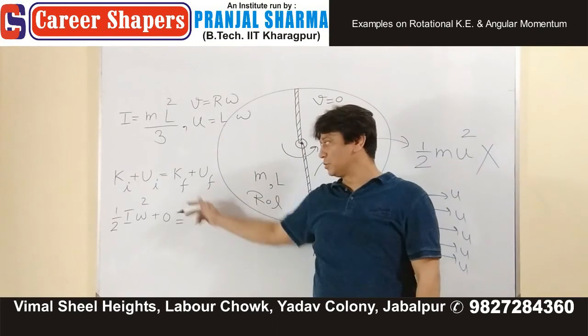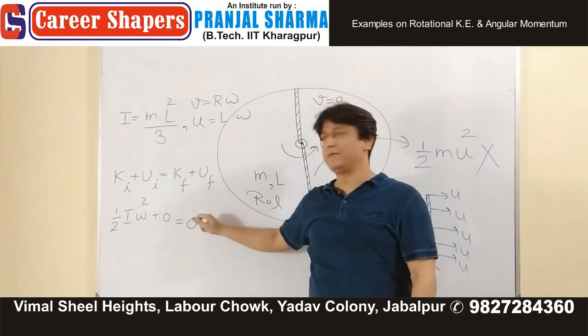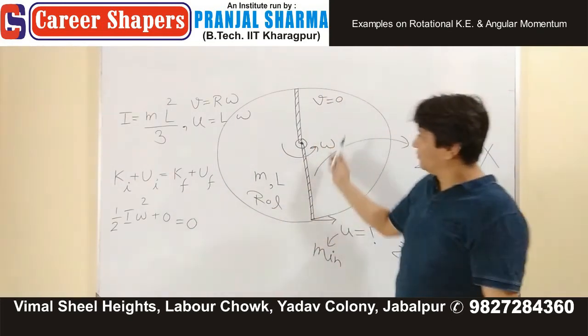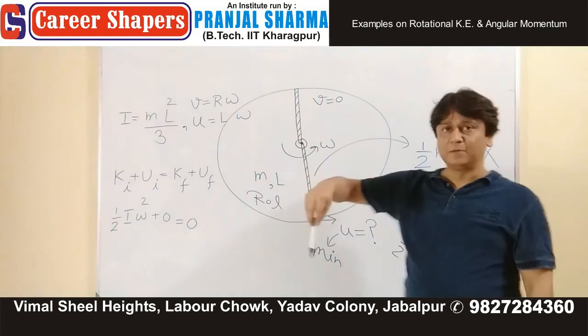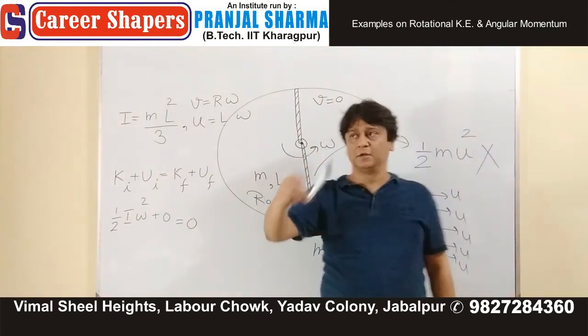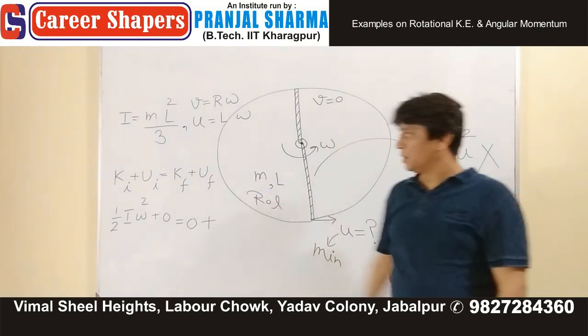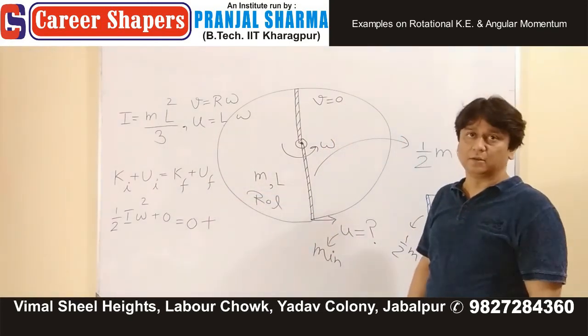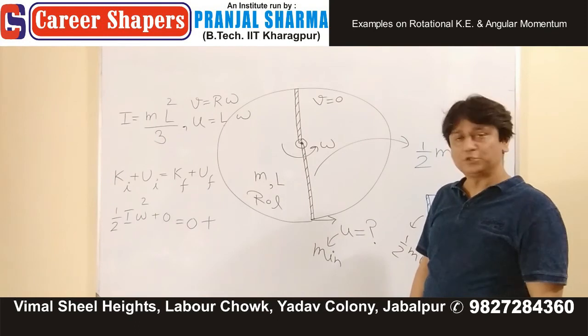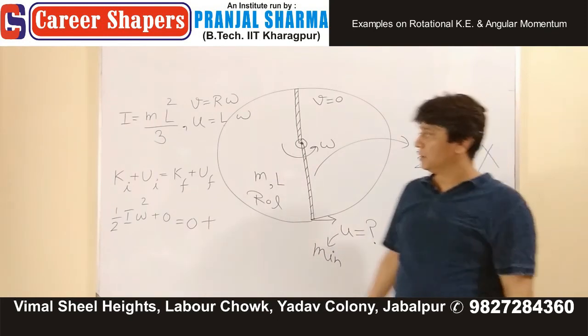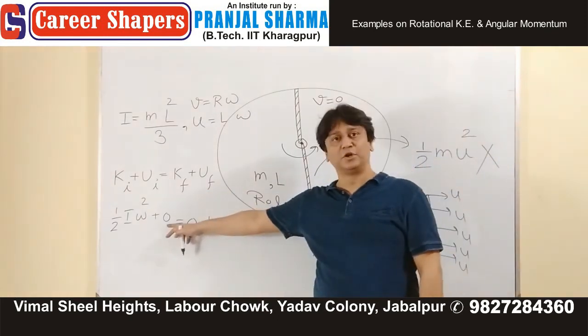If it is going to stop, then kinetic energy can only be zero. If the rod comes at rest, then K is 0. We have to write U final. What is U? Potential energy. U initial we have taken 0.